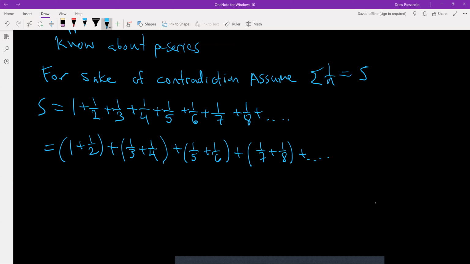All right, and so this sum 1 plus 1/2, this is greater than 1/2 plus 1/2. This sum 1/3 plus 1/4, that's greater than 1/4 plus 1/4. 1/5 plus 1/6 is greater than 1/6 plus 1/6.